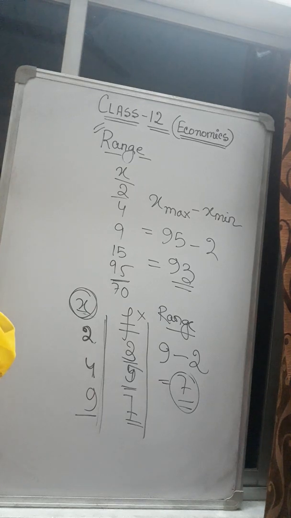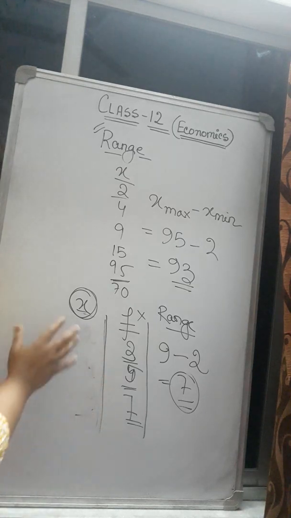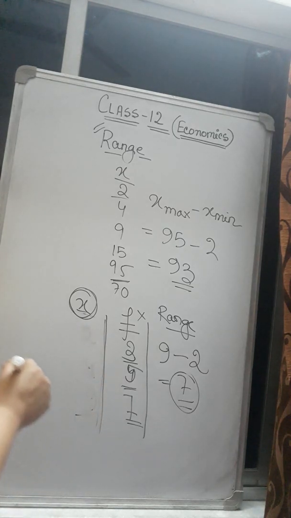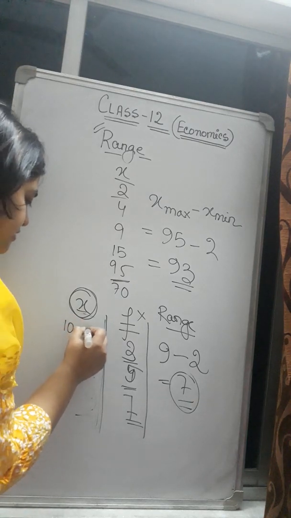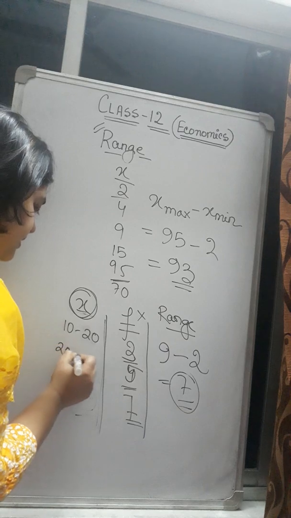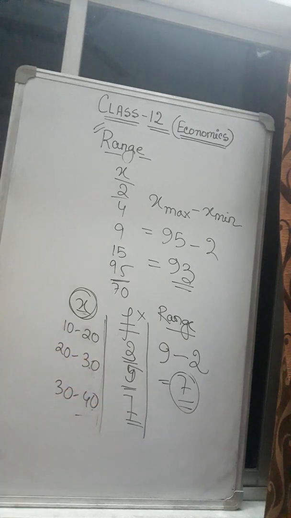Now, if x, instead of these 2, 4 and 9, instead of a particular number, I give a range 10 to 20, 20 to 30, 30 to 40, what does it signify?